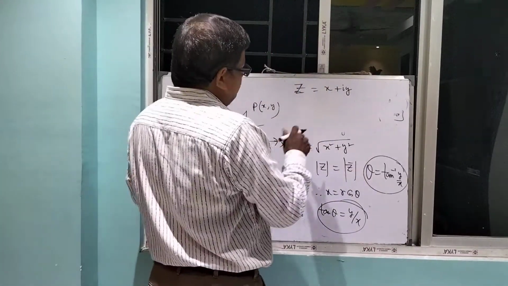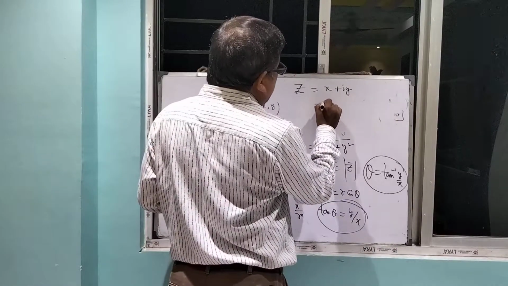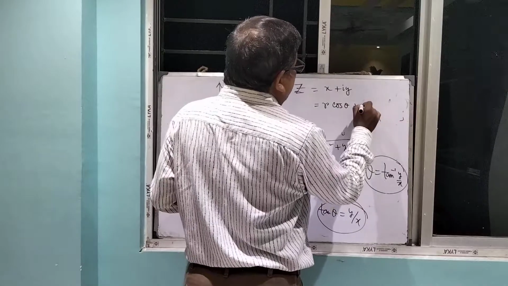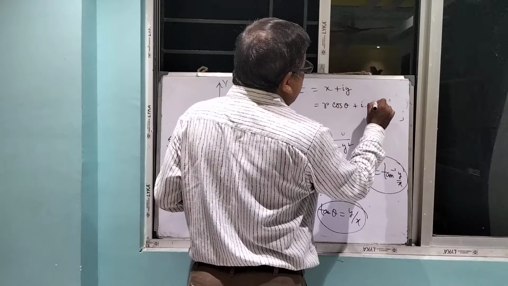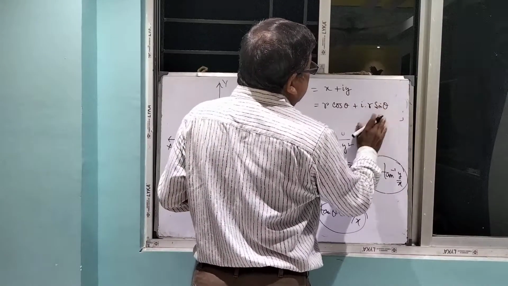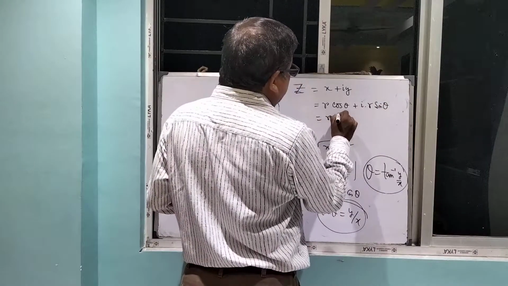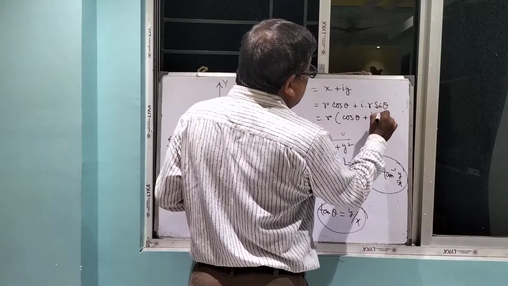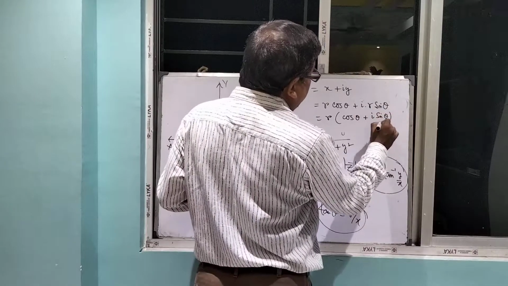So z, x equal to r cos theta and y equal to r sin theta. Then you take r common: cos theta plus i sin theta.